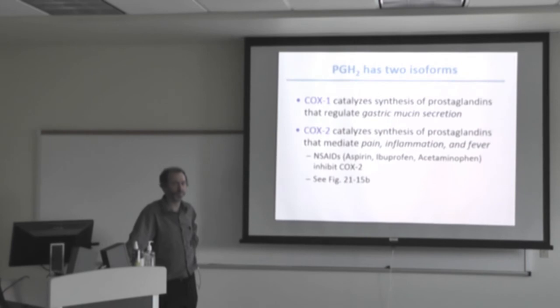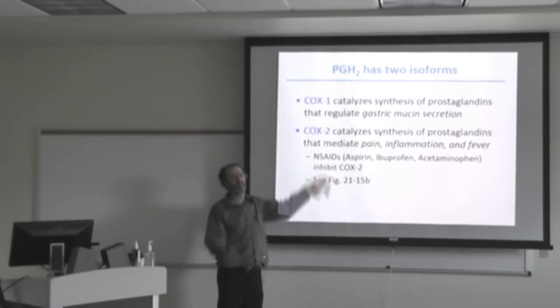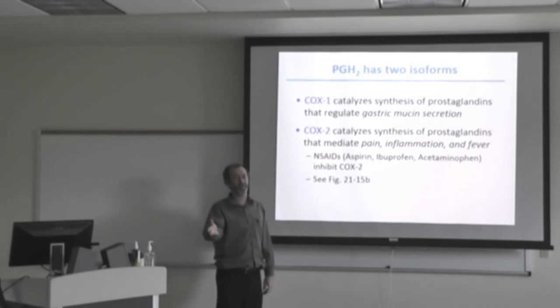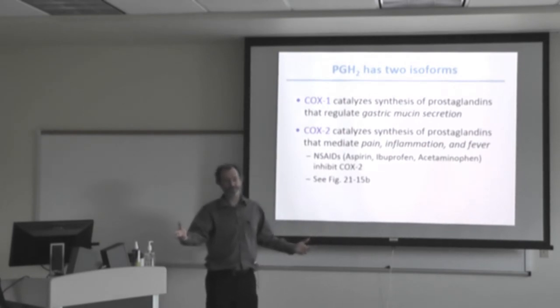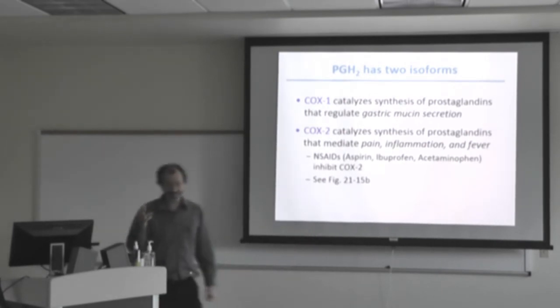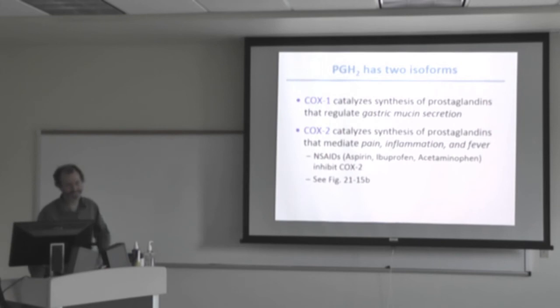Celebrex, I think, maybe Vioxx, I can't remember. They were specific to COX-2, but do you guys remember what the bad side effects were that they produced? Increased rate of heart malfunction and deaths from heart disease, okay?